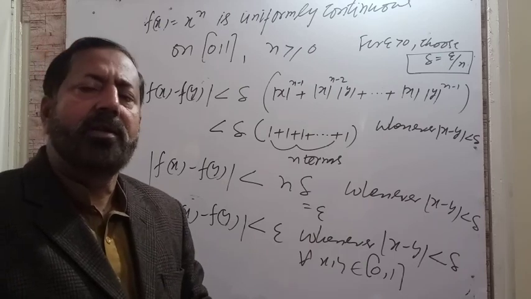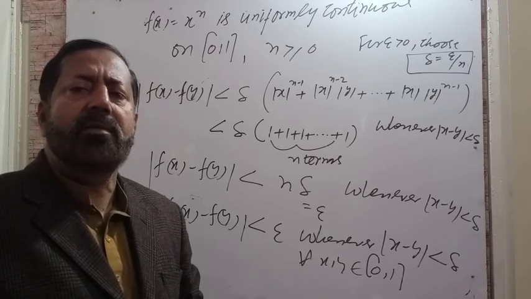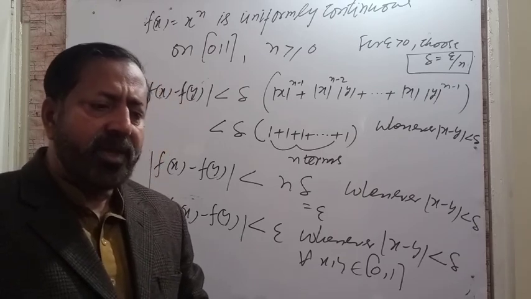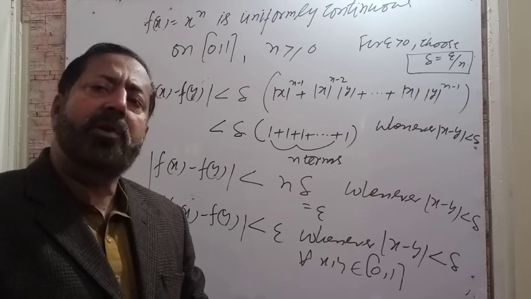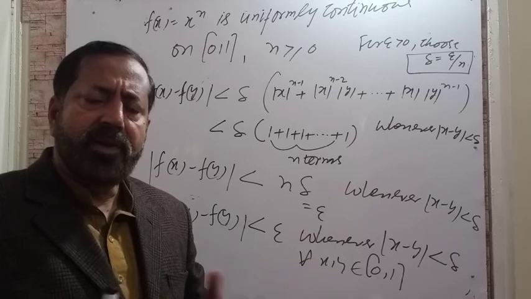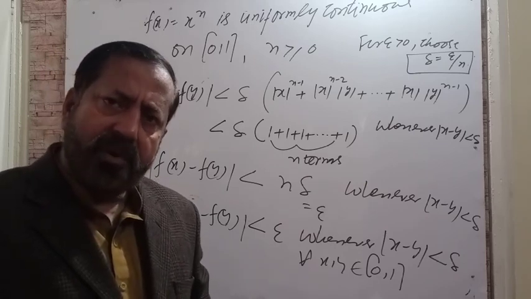You know that every polynomial function is continuous on a closed interval, and I already told you that we have some continuous functions which are not uniformly continuous, so we need to know which continuous functions must be uniformly continuous.